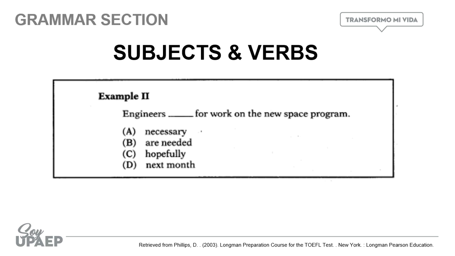So if you notice by doing this analysis, you can eliminate option A, option C, and option D. Why? Because they are not verbs. Okay, so the correct answer is are needed. Engineers are needed for work on the new space program. So again, it's important that you identify the subject and the verb of the sentence.